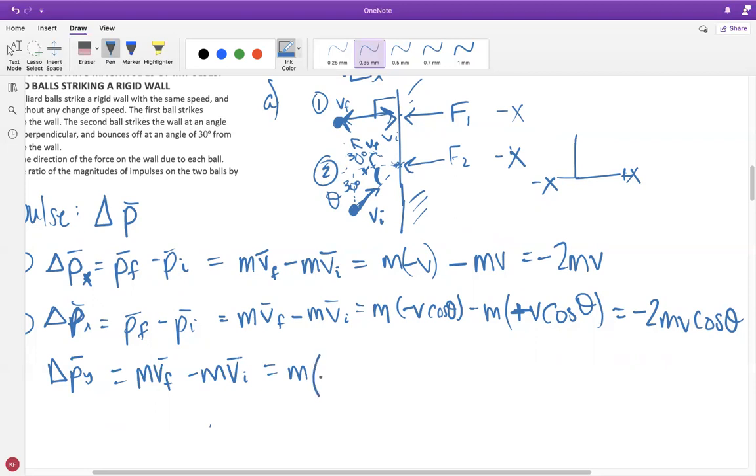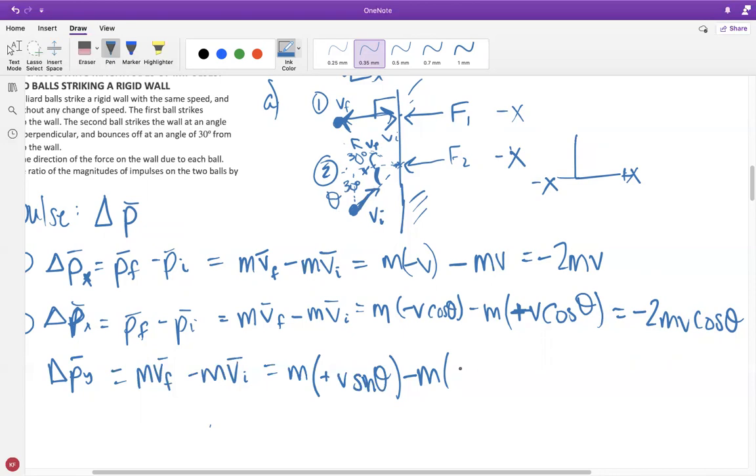That's going to give us sine, and that's going to be a positive V sine theta, okay, minus our initial, which is going to be opposite again.